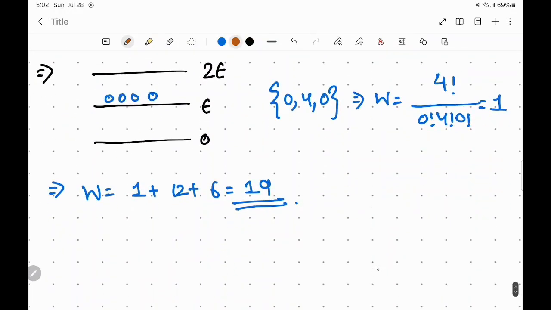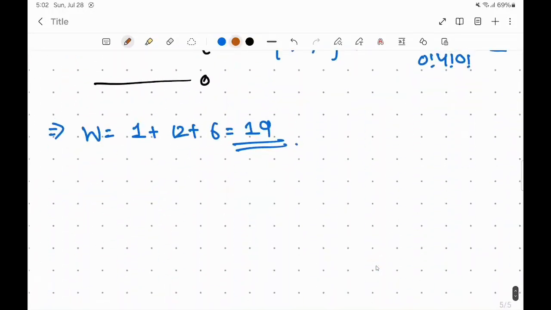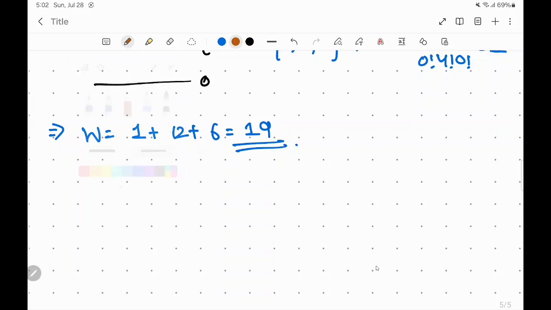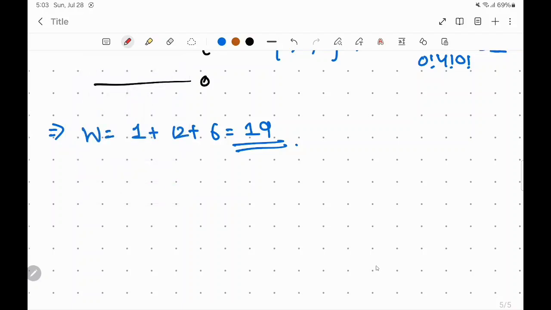This type of question can be asked in NET or GATE. These questions are very frequent, and these are very easy also. You just have to keep in mind whether it is Maxwell-Boltzmann particles or the Fermi-Dirac distribution following fermions, or bosons. These are some tricks. Otherwise, it's easy. Let me clarify that we are using this formula, right?